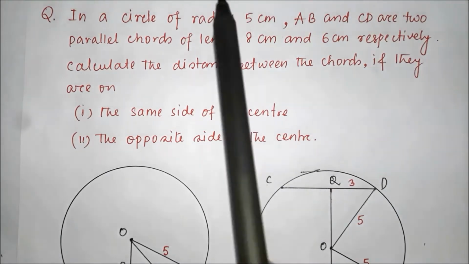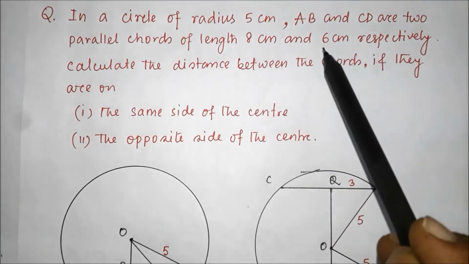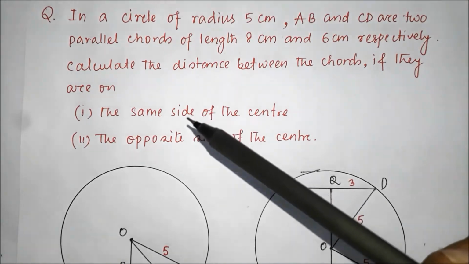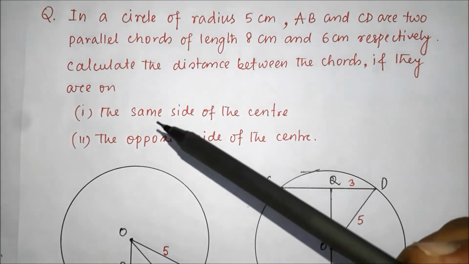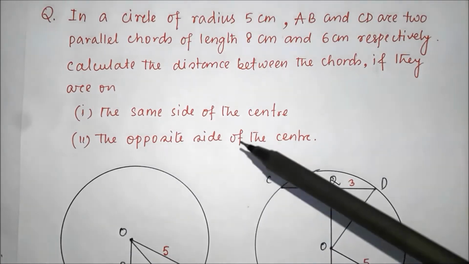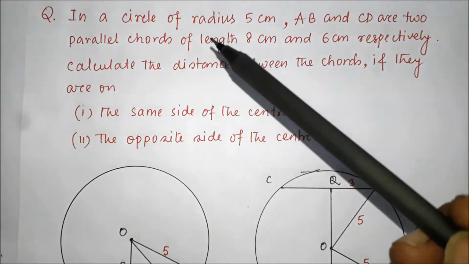Now recall that the lengths of two chords are given and there are two subparts. In the first part they lie on the same side of the center, in the other case they lie on opposite sides of the center, and the radius is given to you.